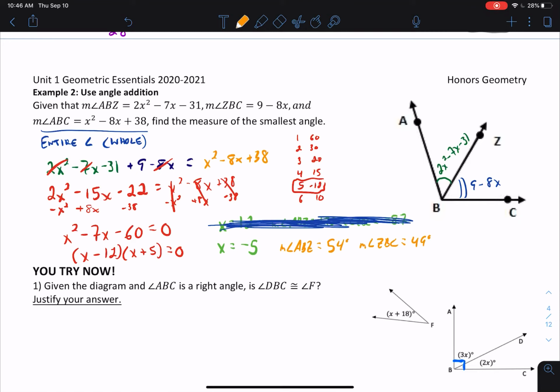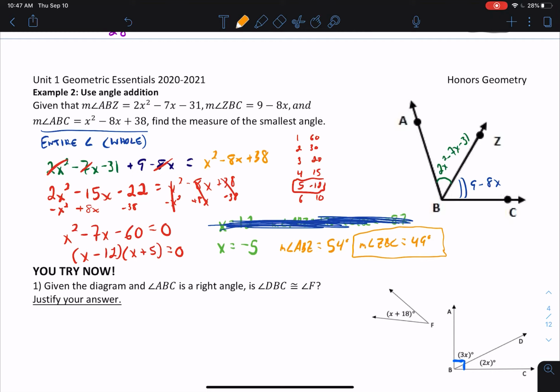The measure of the smallest angle is going to be the measure of angle ZBC. So not only do we have to solve a quadratic correctly, but we have to plug it in, analyze our answer, and make sure we have the correct x. There may be times where we have to cross out one of the x's.